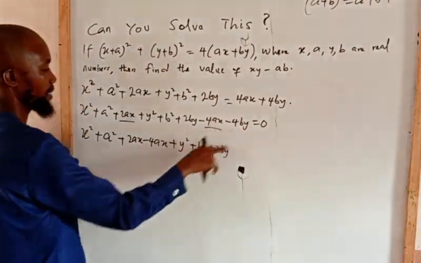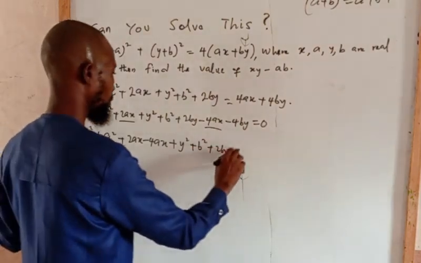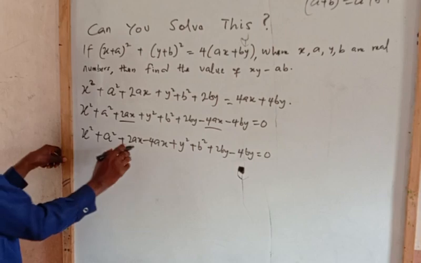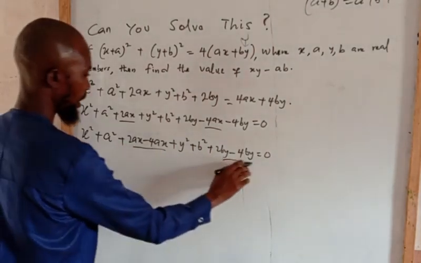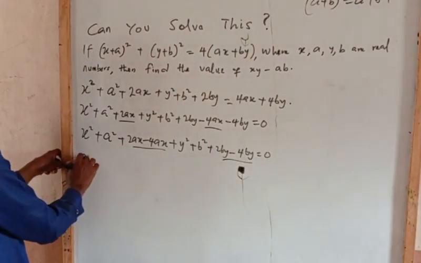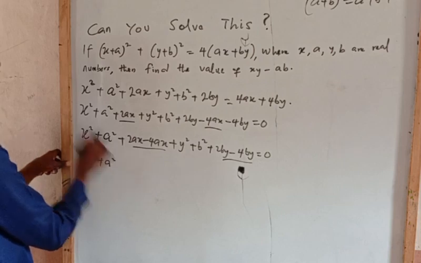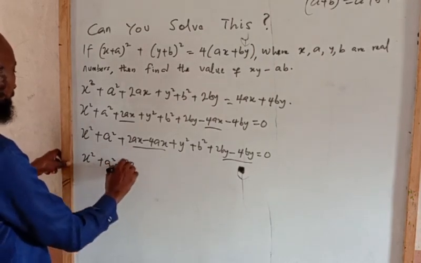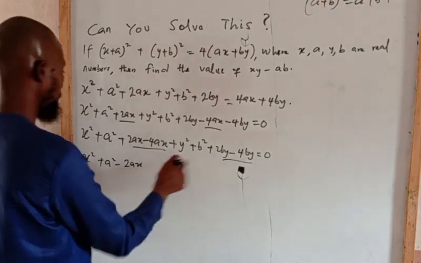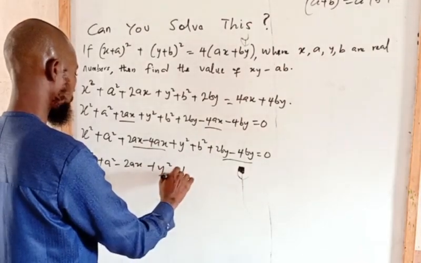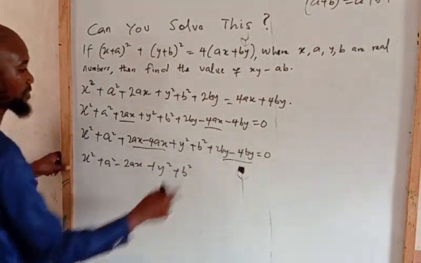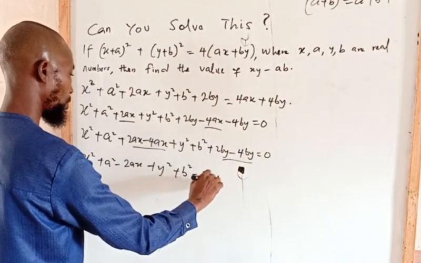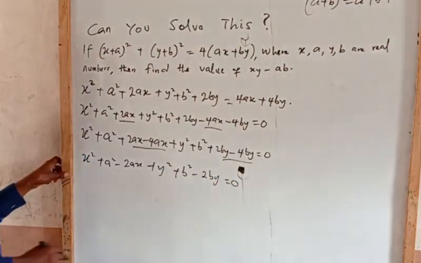Then I will also combine these two since they are like terms, minus 4by, equal to 0. So that becomes x² + a², 2ax minus 4ax gives minus 2ax, y² + b², and 2by minus 4by also gives minus 2by, which is equal to 0.